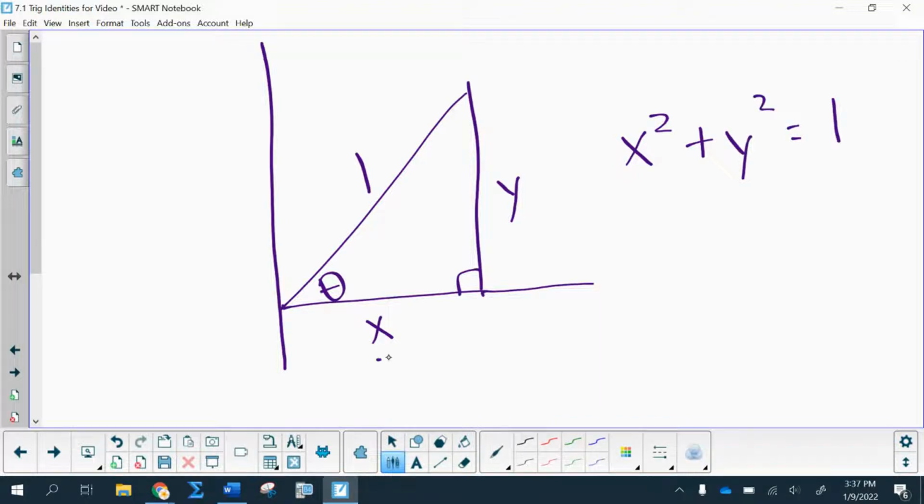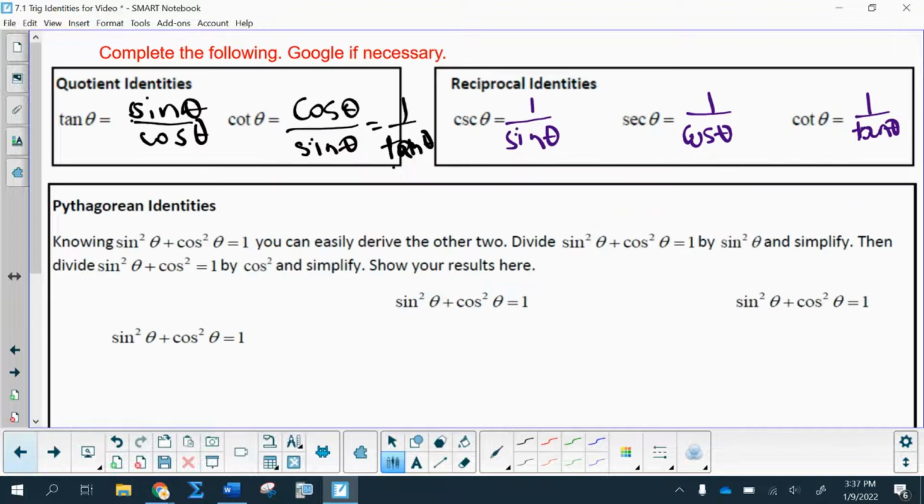Well, you also know from trig that x is considered cosine, so you actually have cosine squared, and y is considered sine squared. So you can just replace those x's and y's with their trigonometric equivalents. Okay, so that's where the name Pythagorean identity comes from. So this is the first one that comes just from your normal unit circle.